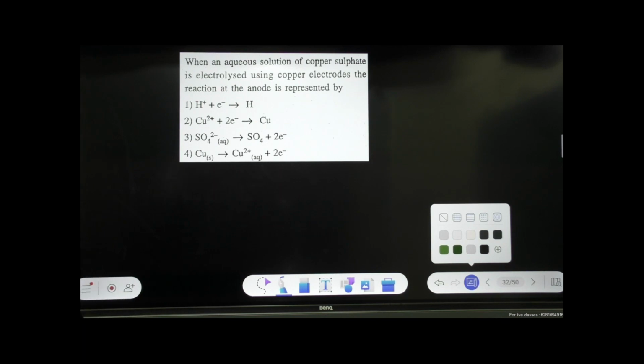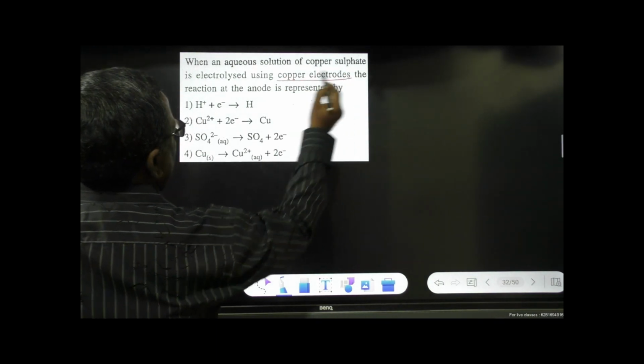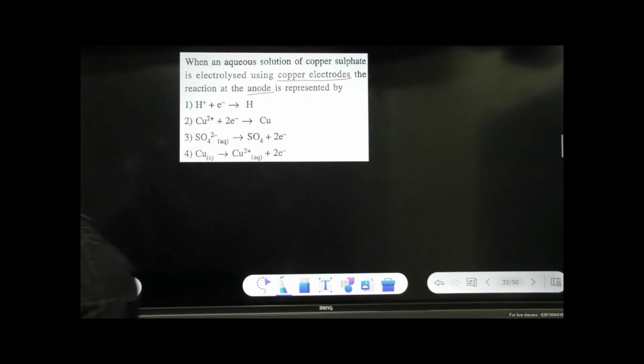When an aqueous solution of copper sulfate is electrolyzed using copper electrodes, the reaction at the anode is represented by which? Here copper electrodes are used as the anode.